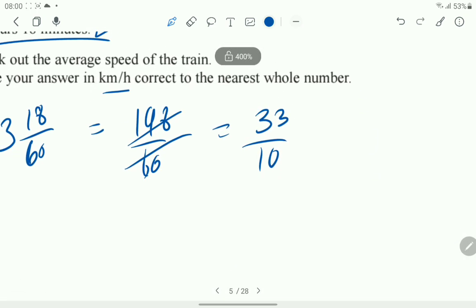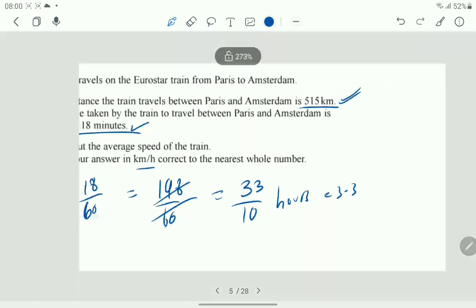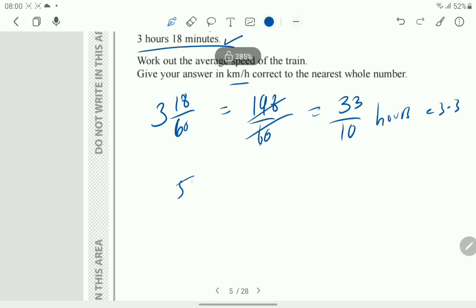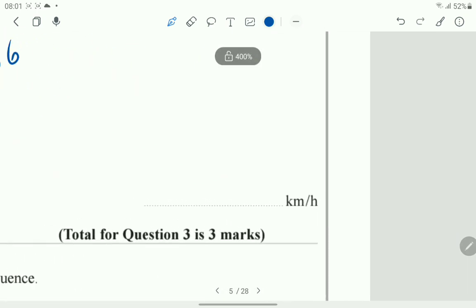Then now we have hours, which is 3.3, and we have kilometers, which is 515. The average speed is 515 kilometers over 3.3 hours. 515 divided by 3.3, the answer is 156.06. Give your answer to the nearest whole number. So 156 is the answer. Let's write it in the answer space.